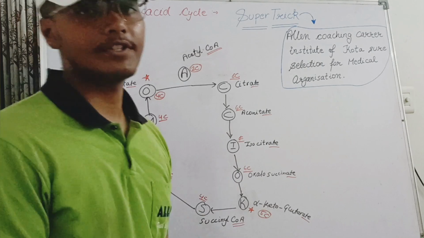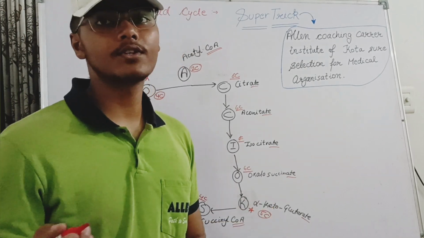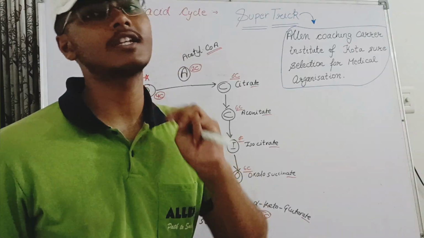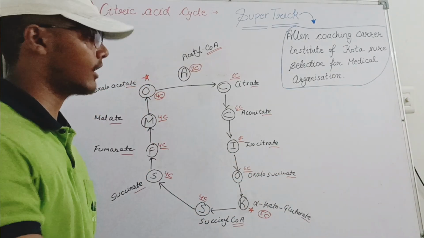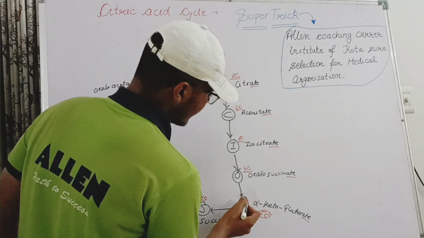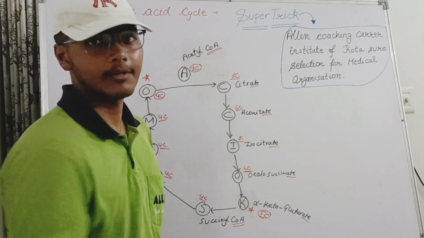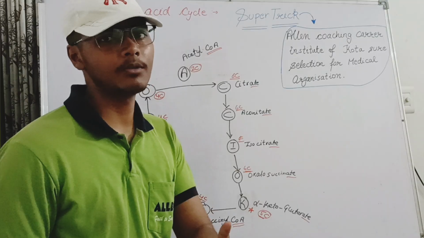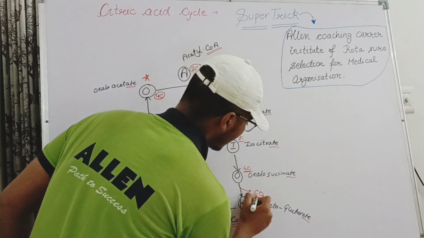Now we have to find where CO2 is removed, meaning decarboxylation. The decarboxylation process happens at which step? Here is 6 carbon and here is 5 carbon, so CO2 must be removed from this step. So we can remove the CO2 from this cycle.